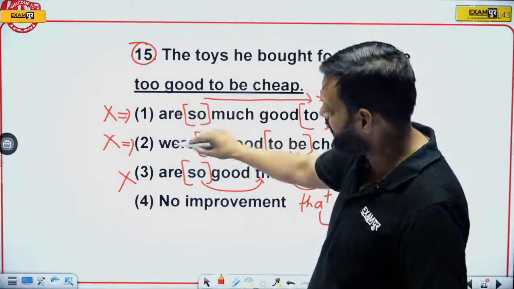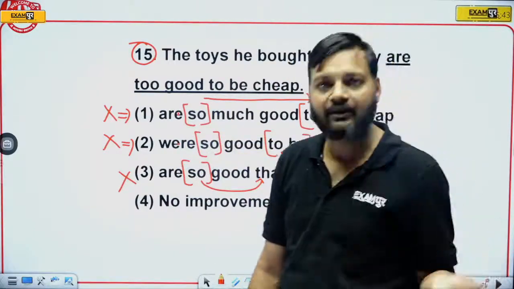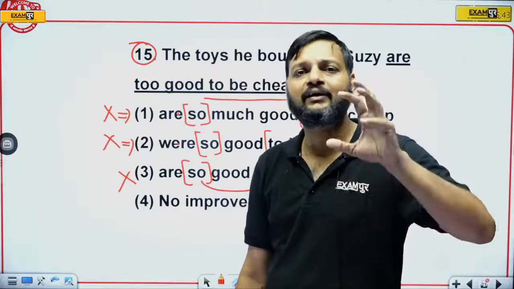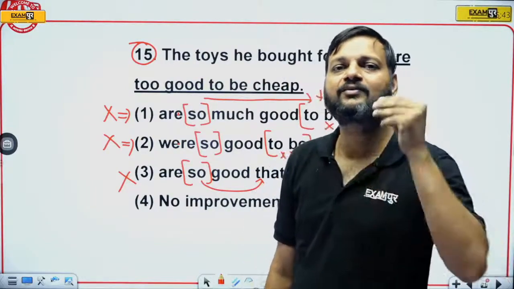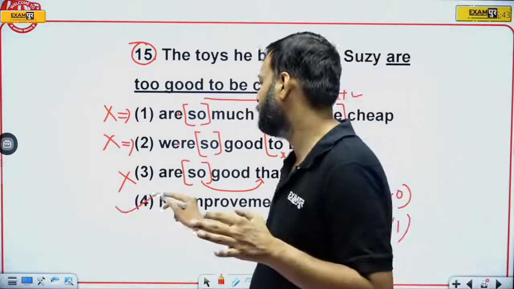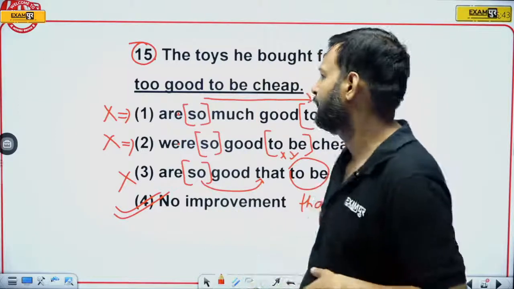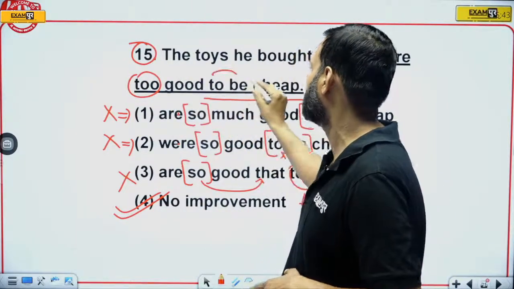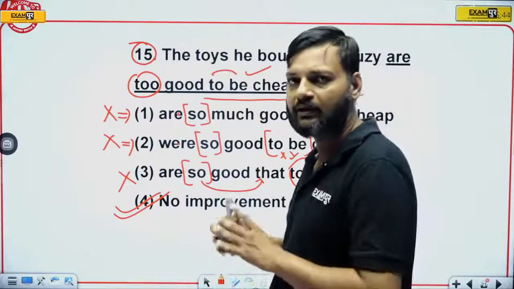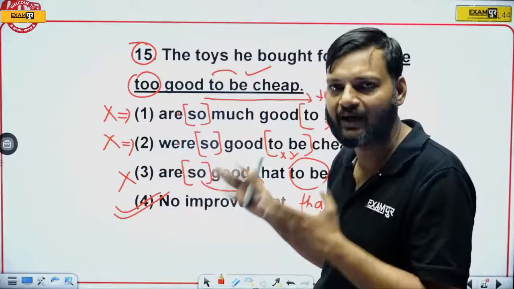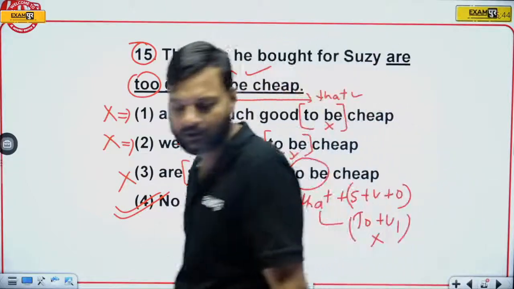So all three statements are grammatically incorrect. Since all three are grammatically incorrect, no improvement should be the answer, because to plus adjective is always followed by to plus V1, so there is no need to improve it because it is correct.